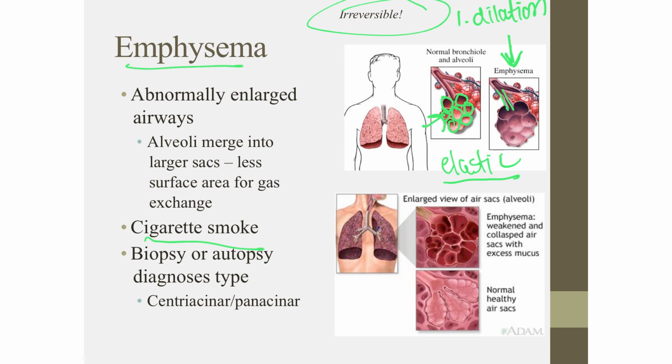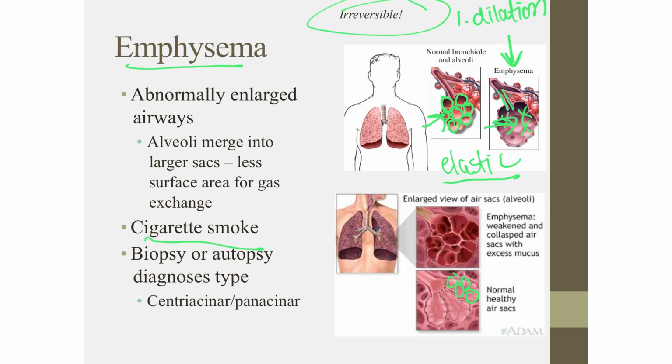So just like you have a septum between your left and right nostril and your left and right heart, there's septi between the alveoli, however you want to say it. When this airflow increases in emphysema, it destroys these septi.